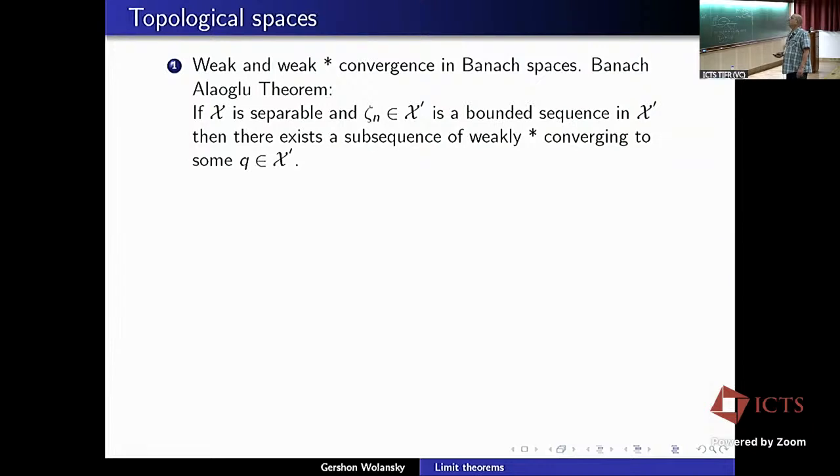So I look for weak-star convergence. Let me remind you of weak-star convergence in Banach space, the Banach-Alaoglu theorem, which says that the unit ball in the dual of a separable Banach space under the weak-star topology is compact.